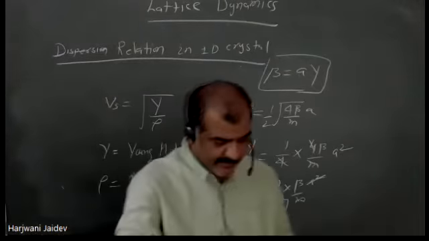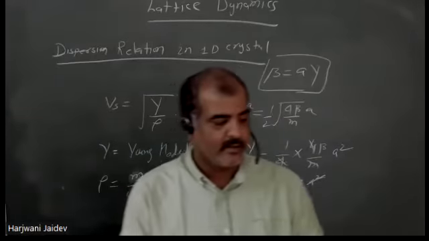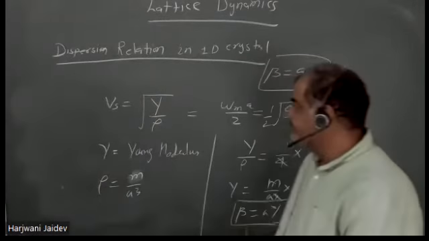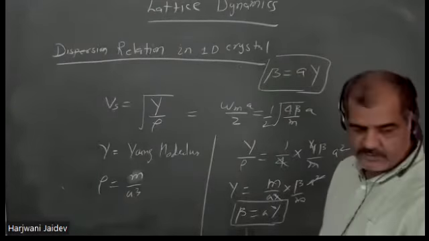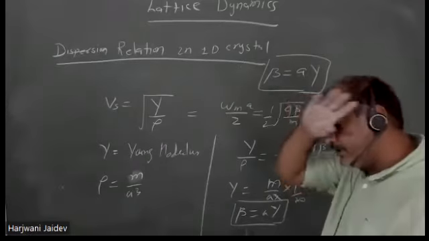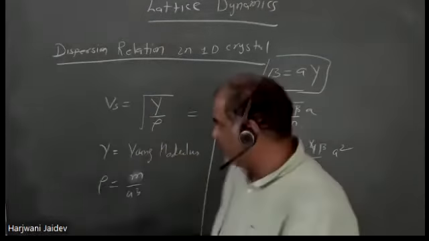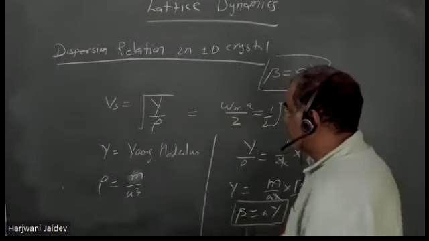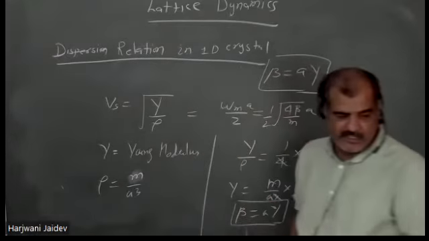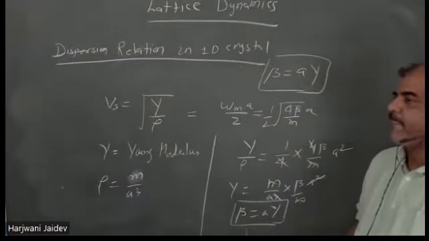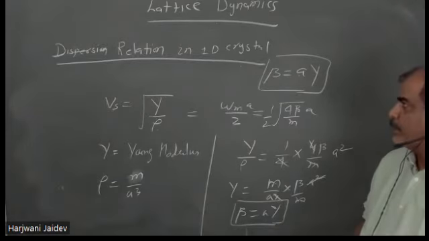Is it clear? Yes sir. Now so far we have been discussing higher wavelength. Let us do it for shorter wavelength, or the general expression for the dispersion relation. Shall I erase this? Yes sir.